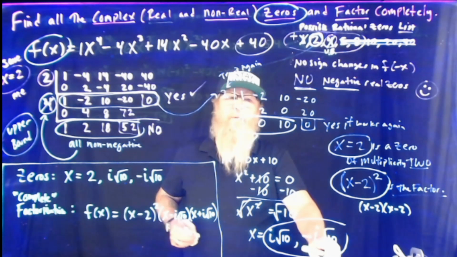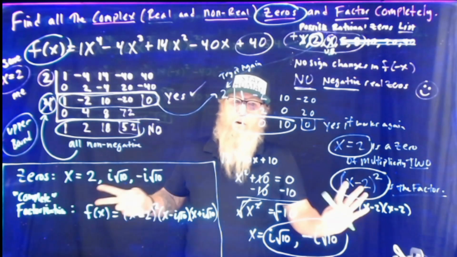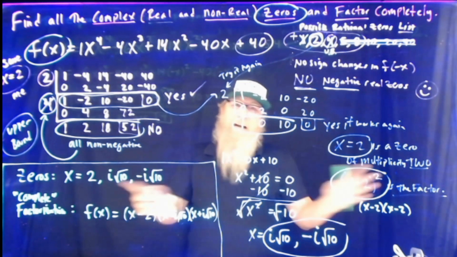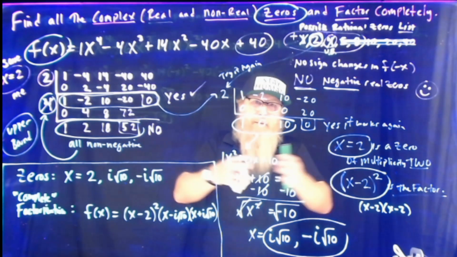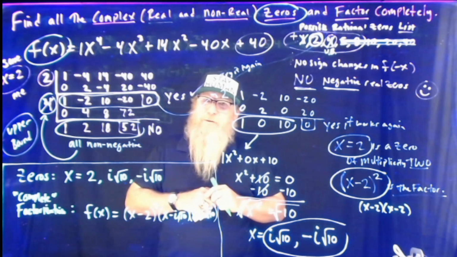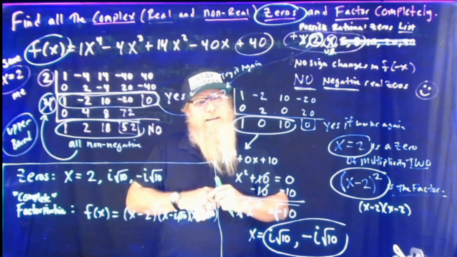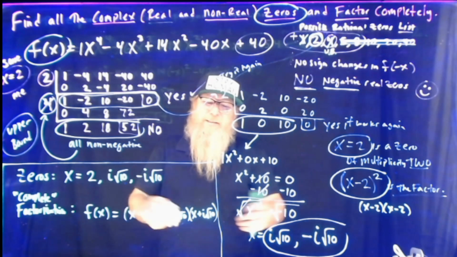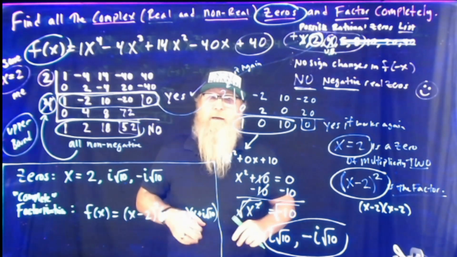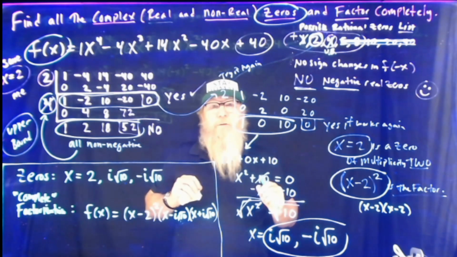Because 10 is not a perfect square, I'm leaving it as the square root of 10. I'm not using a decimal. You could, if you're curious, put it in your calculator. You're going to get like 3 point blah blah blah. I don't have it memorized, but it would fill up your whole calculator screen with decimals. It's not illegal, but it's just not preferred. It's preferred to write it in the simplest way, which is square root of 10. I don't know what version of this problem you're going to get.